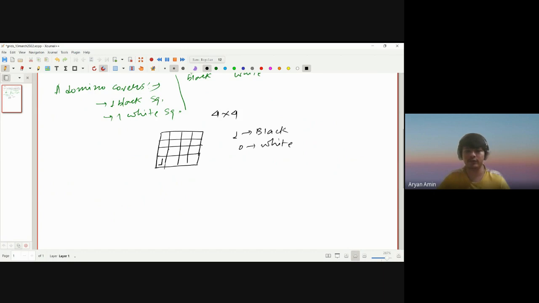You start with black at the bottommost leftmost cell, then 0, then black again, and so on. Now note that these two cells and these two cells are the opposite corners, but the opposite corners have the same color.